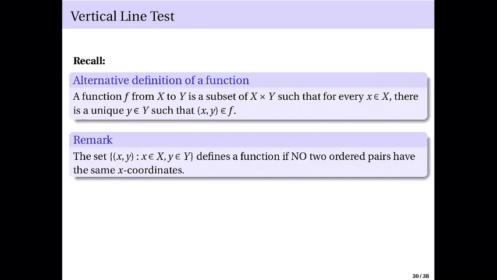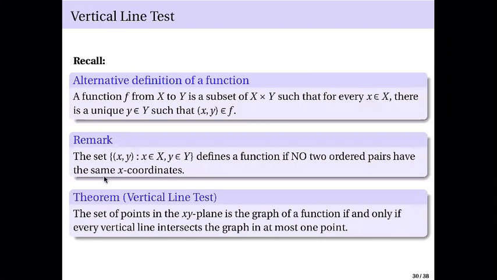This means that using the graph of this function, or of the relation, we can determine whether that relation is a function or not using this theorem called the vertical line test.